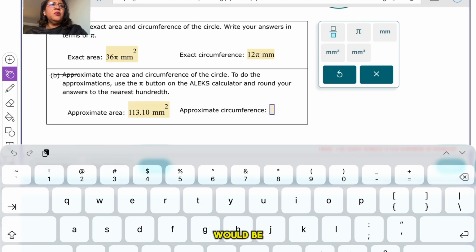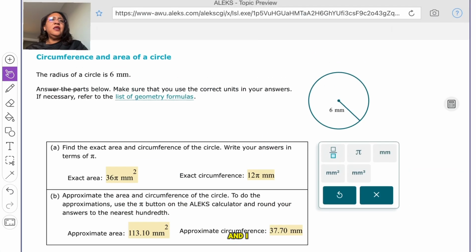And then this one would be the same thing as the other one as well, 12 pi, 2 pi r, yes. It's 37.70, and that would be millimeters. And yeah, it's millimeters, okay.